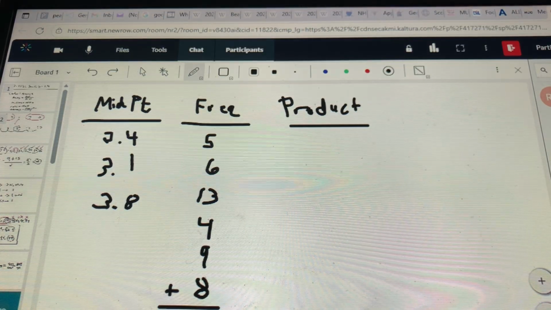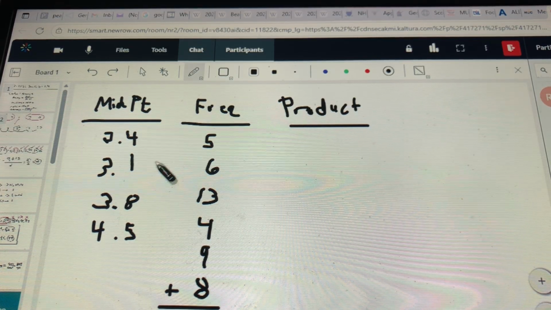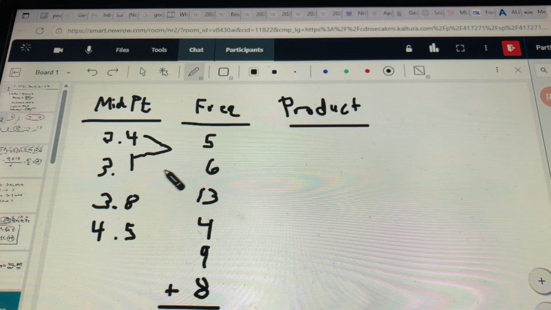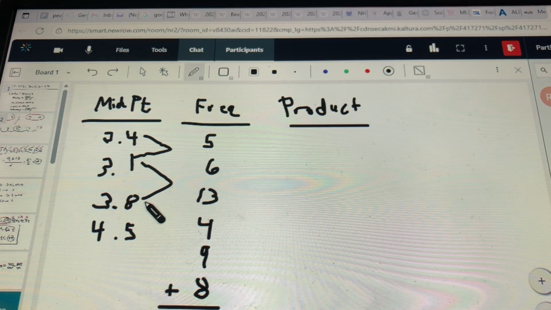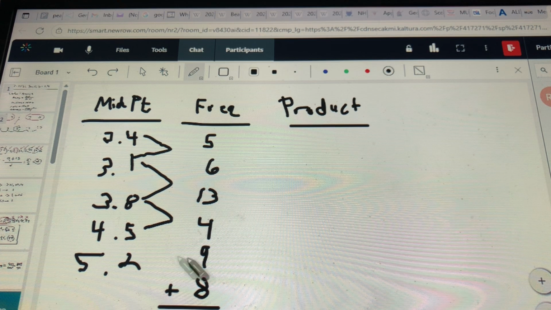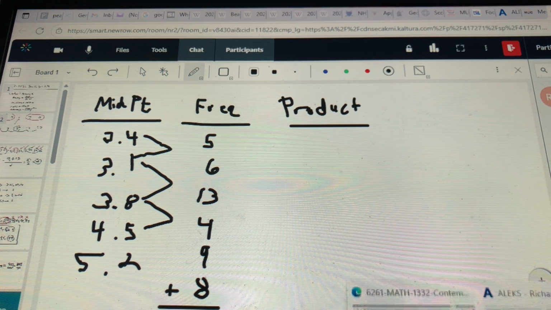Now another thing you can do is, on some problems, this always goes up by the same amount. From 2.4 to 3.1, you're literally adding 0.7, then plus another 0.7, plus another 0.7. So I can tell the next one's going to be 5.2 because that's what 4.5 plus 0.7 is.